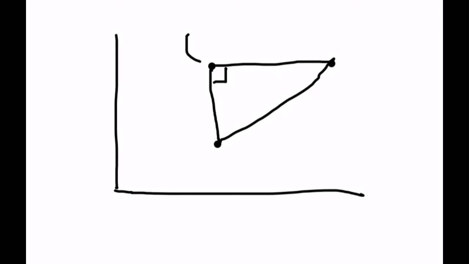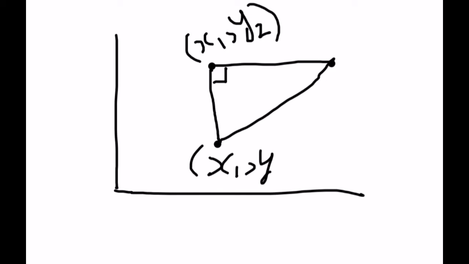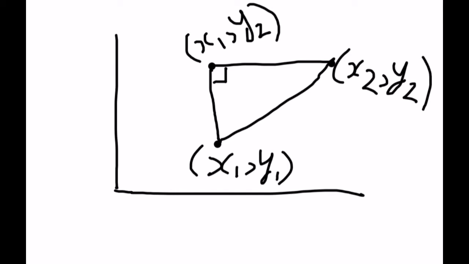Look here. As I said earlier, this takes the x coordinate of the first point and the y coordinate of the second point, because they are parallel to the x and y axes respectively. So this length is easy to find. The vertical length is y2 minus y1.